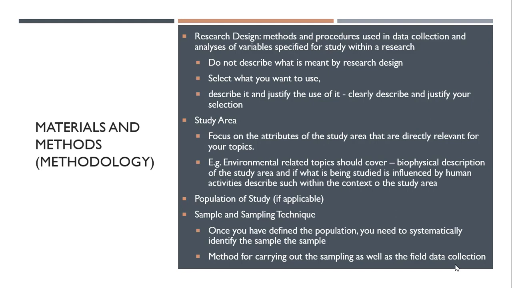Okay, then you go on to sample and sampling technique. Once you have identified the population, the next thing is to tell us how you are going to select this sample. What is the systematic way or the approach you are going to adopt in order to select the sample?